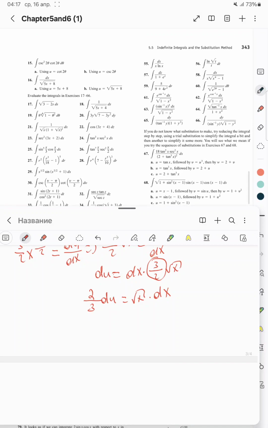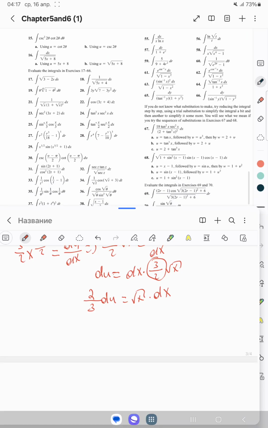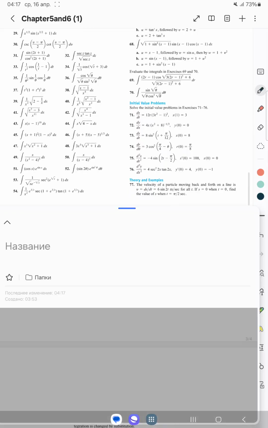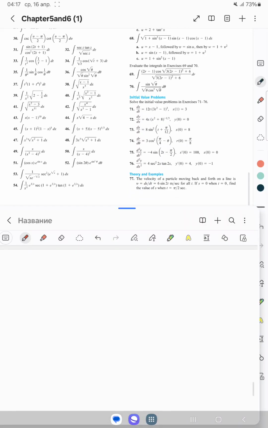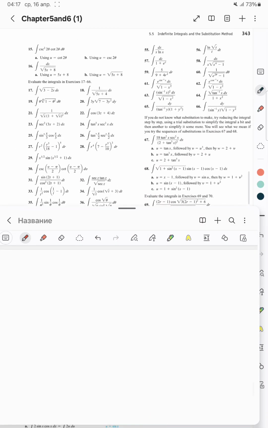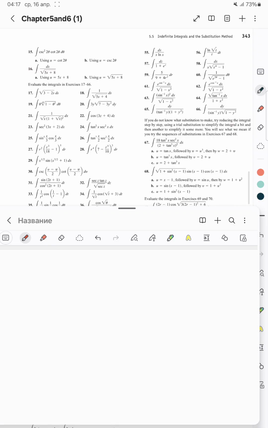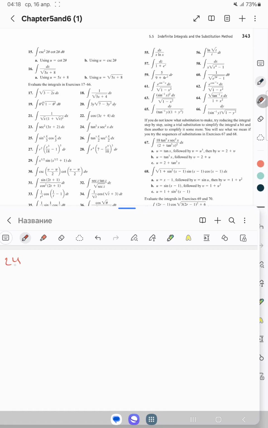If I had time, believe me, I would do it, but I don't have time, and I don't think it's fair for you to solve everything. Let me, for example, choose 24. Yes, why not? So 24.